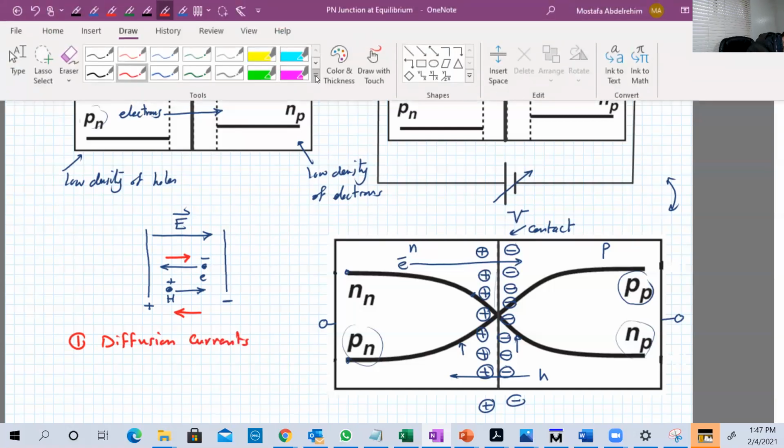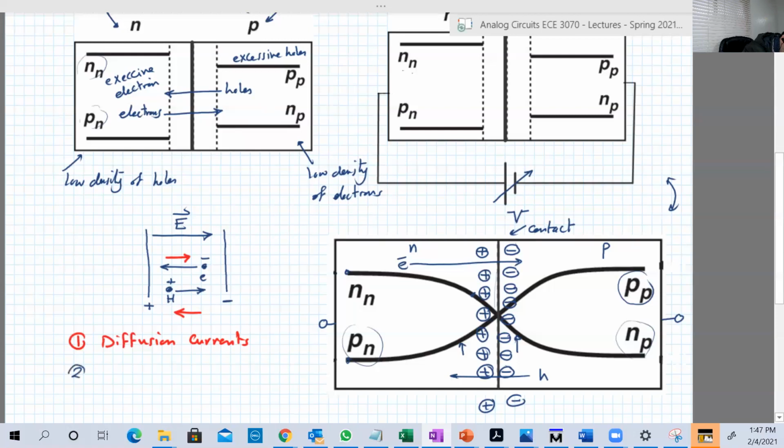And number two, drift current. Both are opposite to each other, in opposite directions.